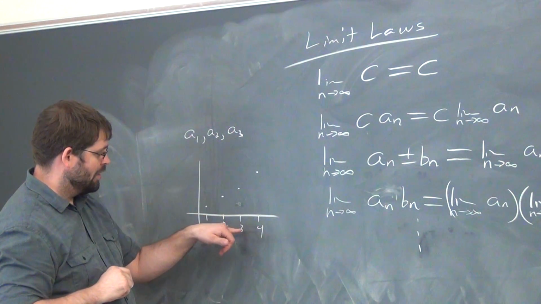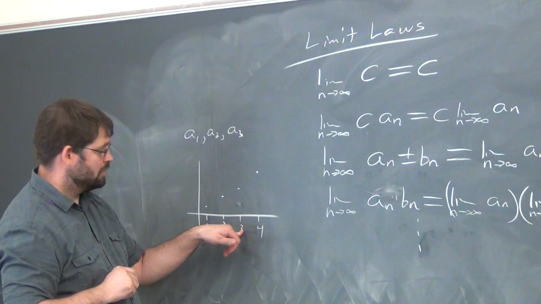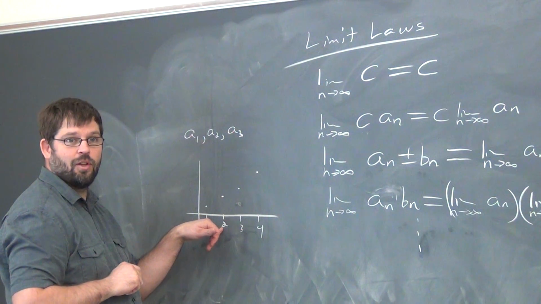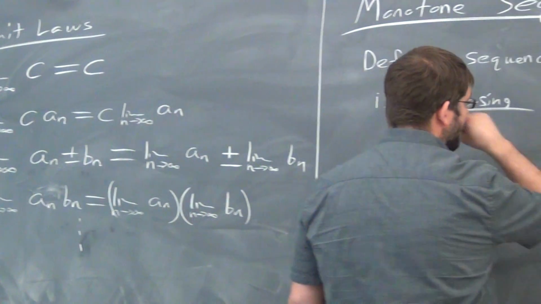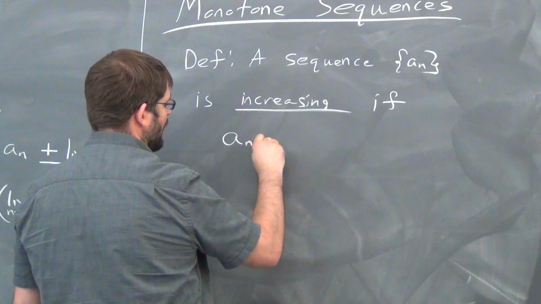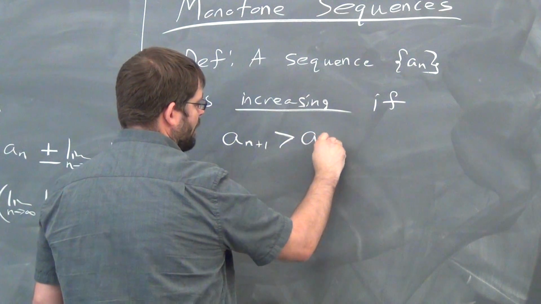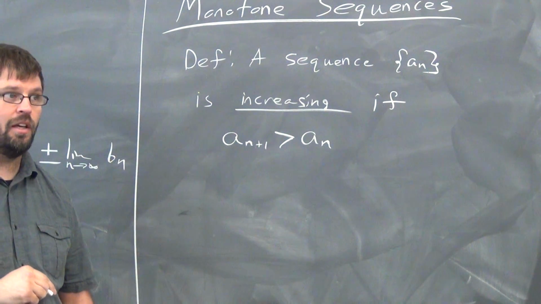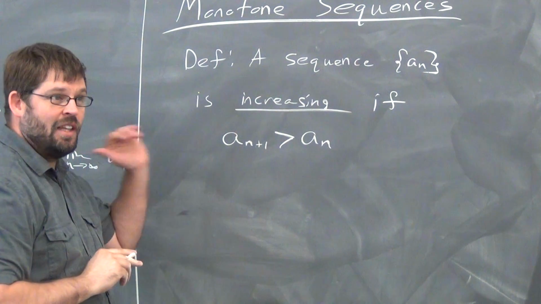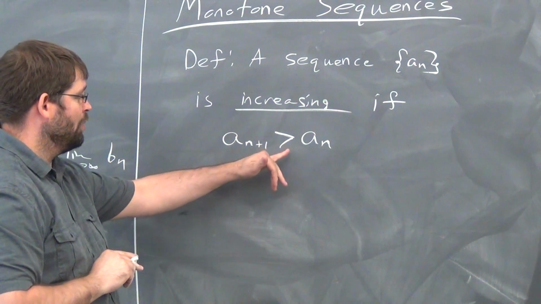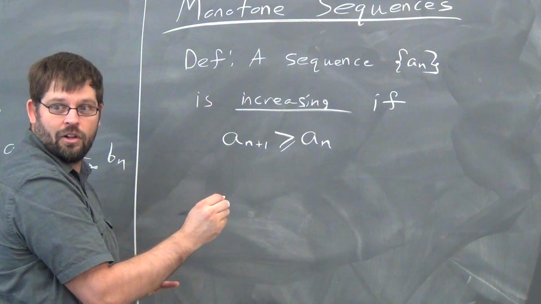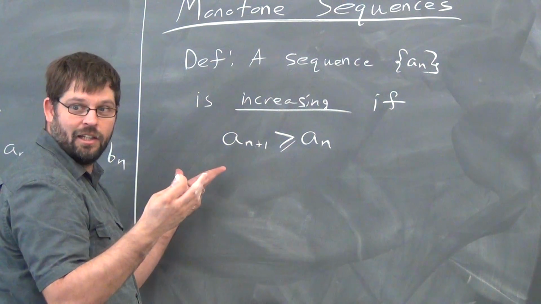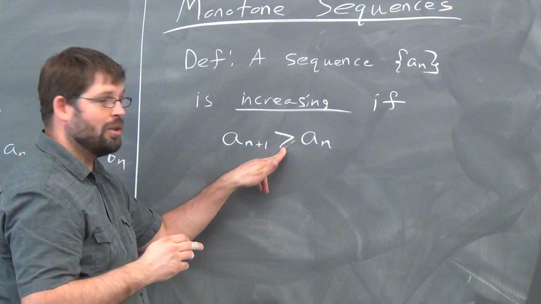Well, we want each term to be bigger than the term before it, right? And so it's increasing if a sub n plus 1 is greater than a sub n, okay? And this varies from book to book. Some places will make this your definition of increasing. Some books will say if it's greater than or equal to, and then they'll say it's strictly increasing if there's no equal to there.